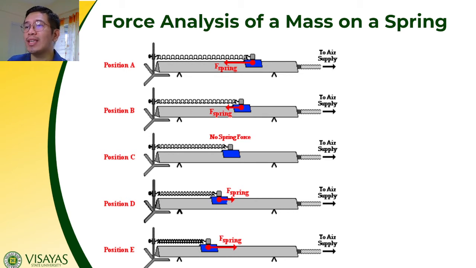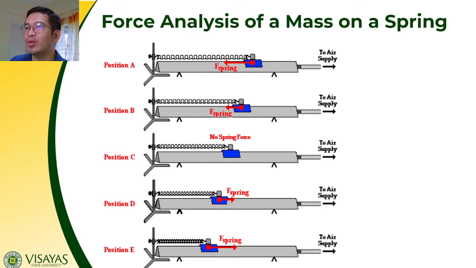This spring force acts as a restoring force, slowing the glider down as it moves from position C to position D and to position E. By the time the glider has reached position E, it has slowed down to a momentary rest before changing its direction and heading back towards the equilibrium position.